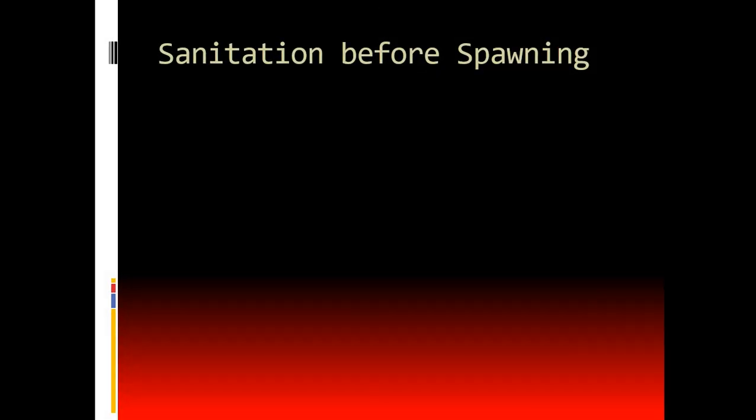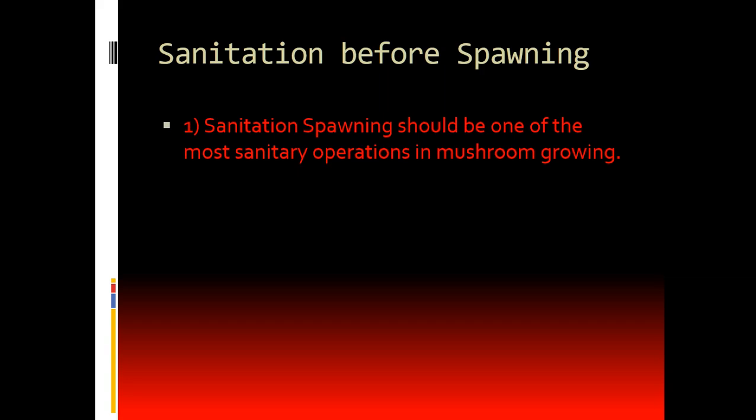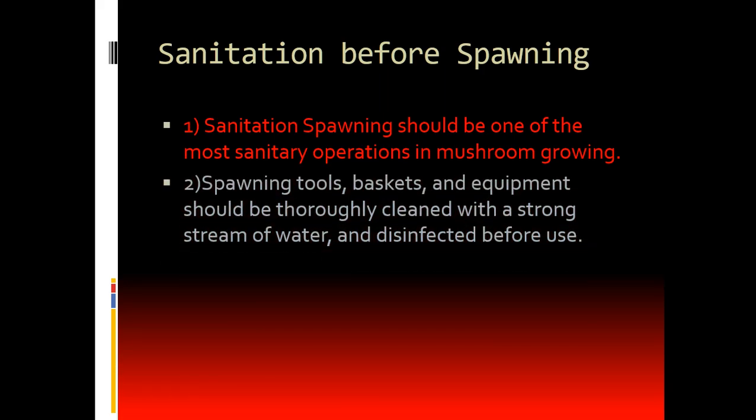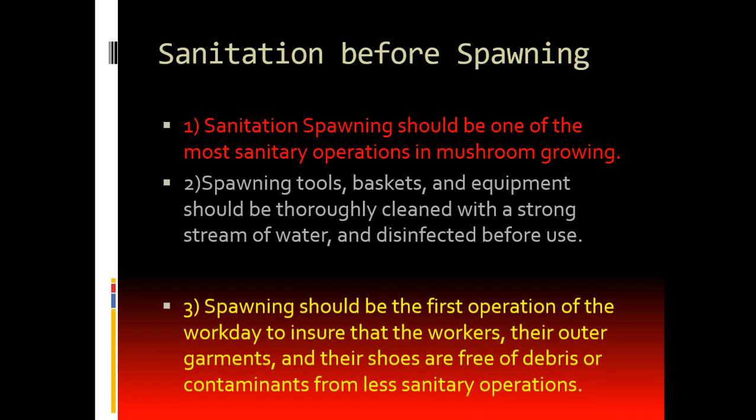Okay, before that, the sanitation before spawning. Spawning is done on the spawning head. Sanitation of spawning should be one of the most sanitary operations in mushroom growing, because most of the pathogens that affect mushrooms come from this process. Spawning tools, baskets, and equipment should be thoroughly cleaned with a strong stream of water or disinfected before use.